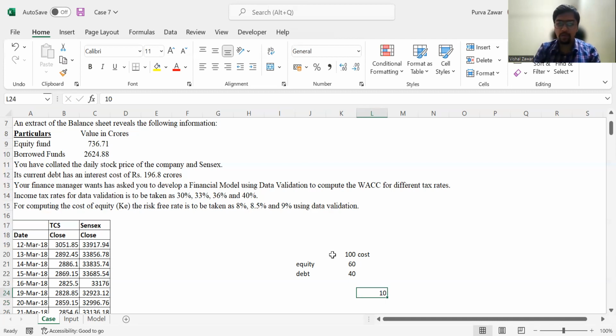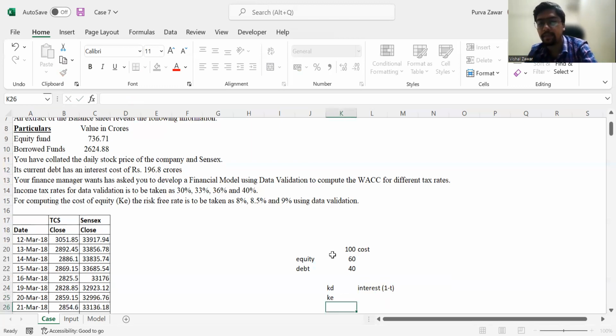So the cost of debt is nothing but interest into 1 minus tax rate. Means after reducing the tax benefit, the remaining part will be your actual cost of the business. This is your cost of debt. KD is cost of debt, KE is cost of equity, K is a symbol for cost.